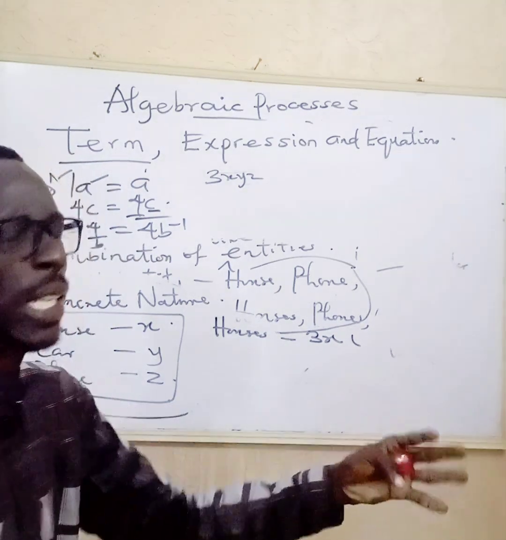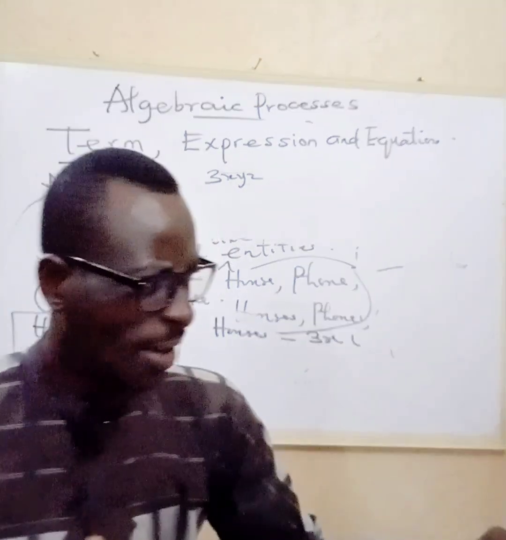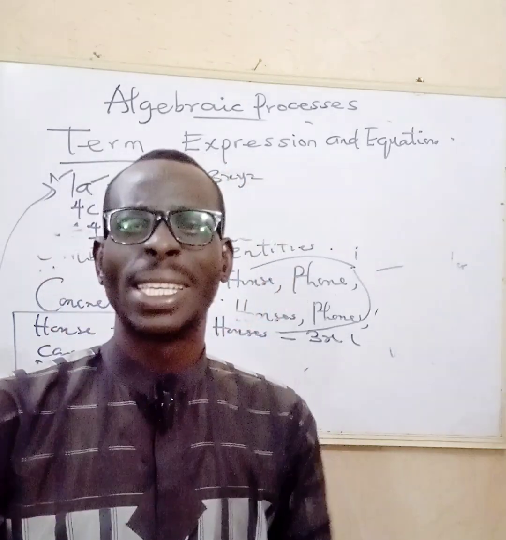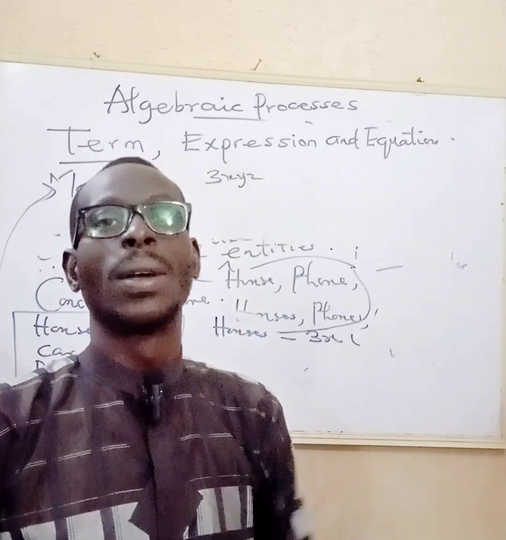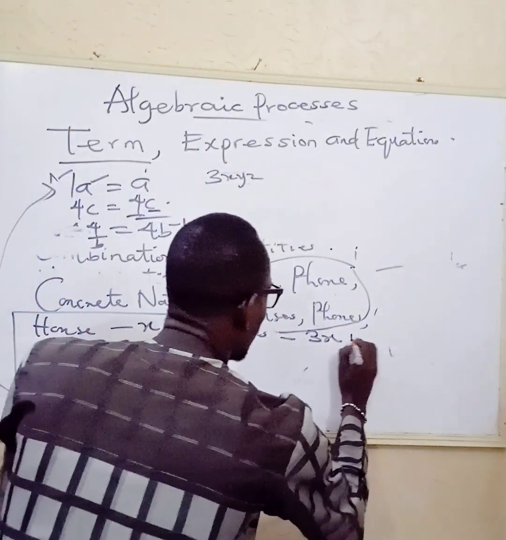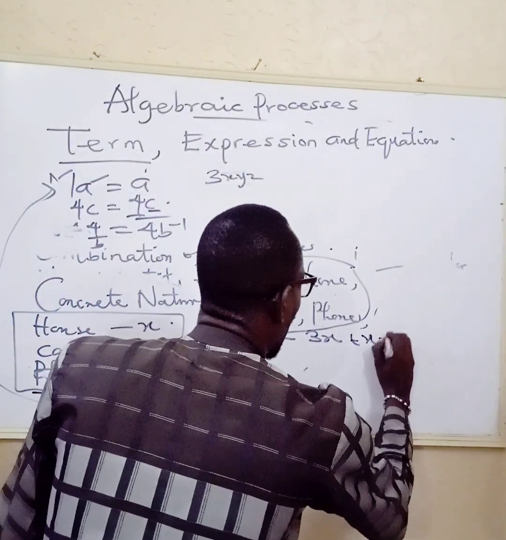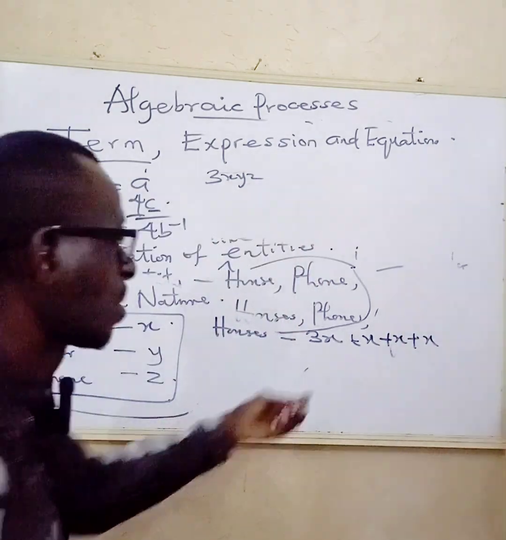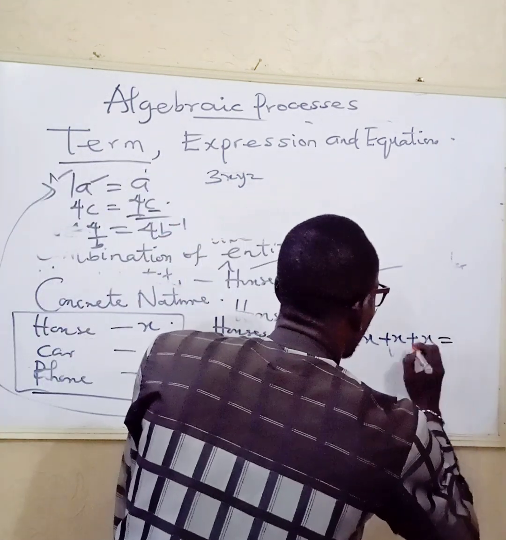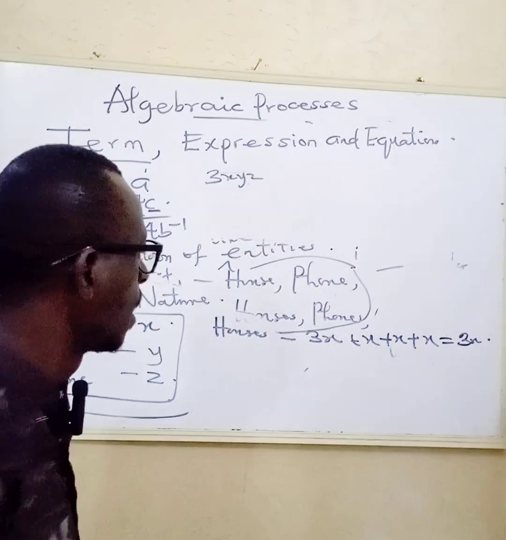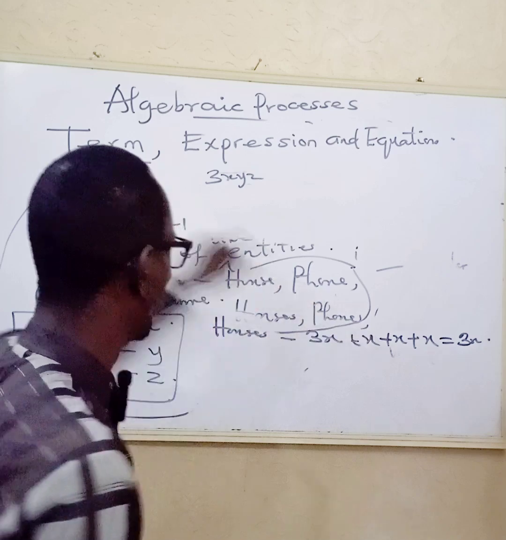In your particular area, by the time you have the first house, the second house, the third house, everything lies within the domain of being a house. That means we have house 1, another house, another house. The total number of houses we have is 3 houses. That is the concrete aspect of what we are talking about.